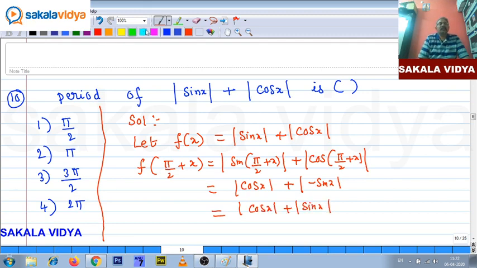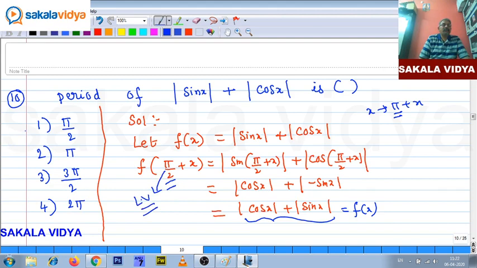So what do you observe here? This is nothing but f of x. Even if you put pi plus x, you will get the same answer, but you check pi and you check pi by 2. What is the least value? Pi by 2 is the least value.